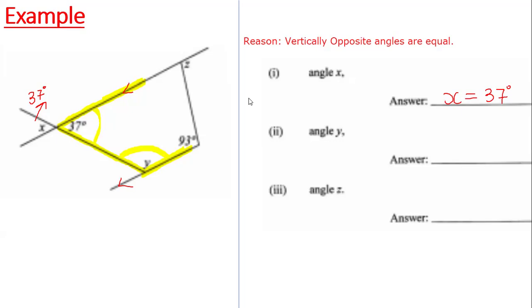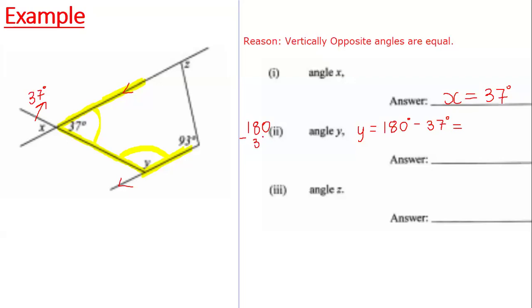So that means y is equal to 180 minus 37. 180 minus 37, and that should equal 143.